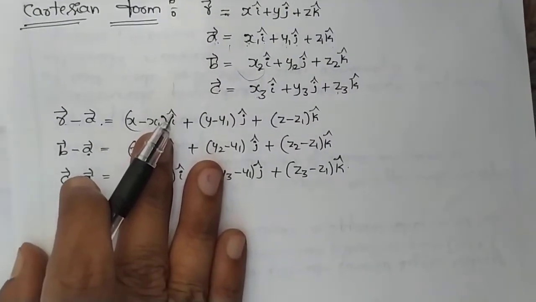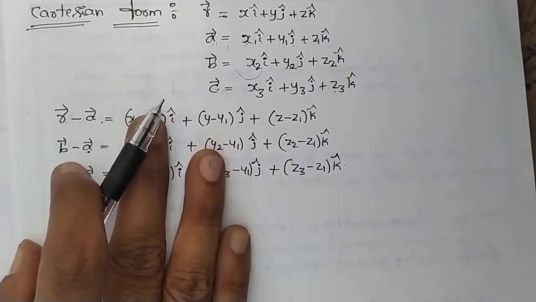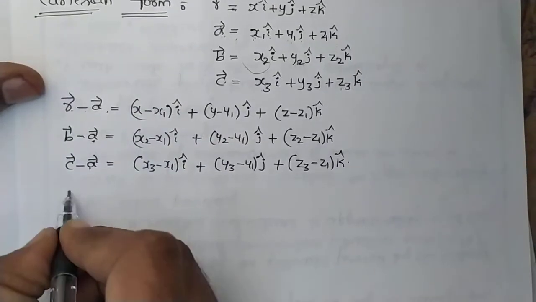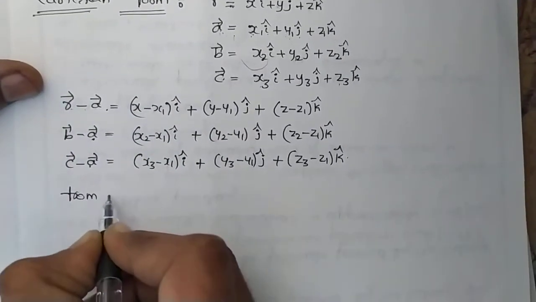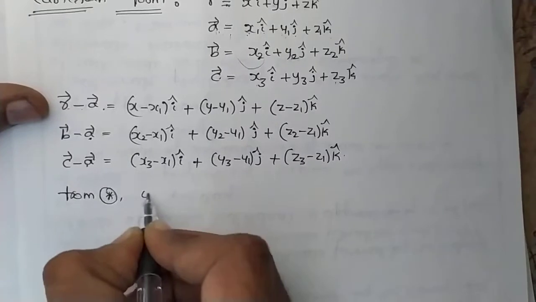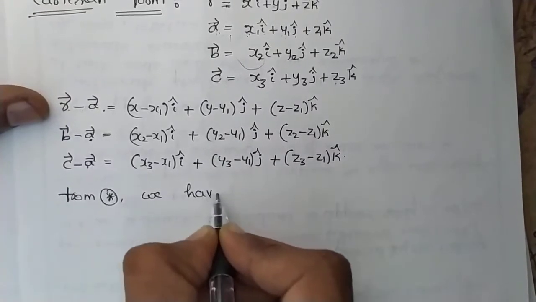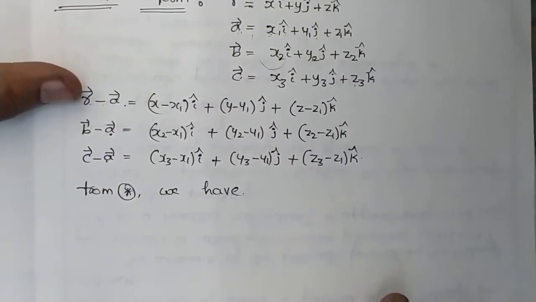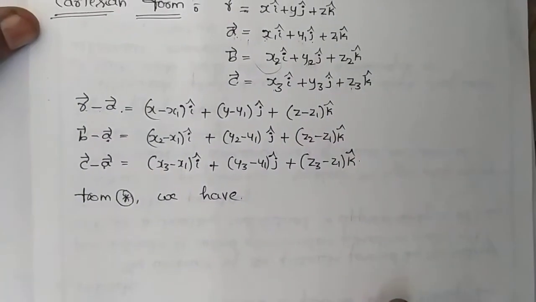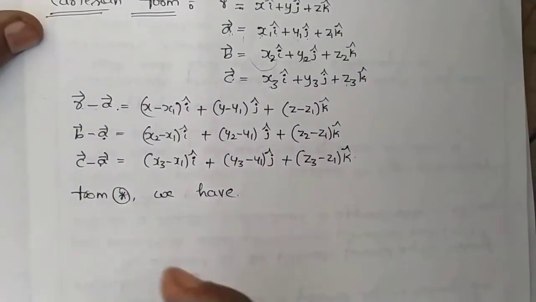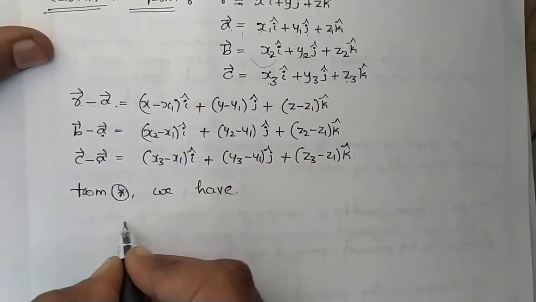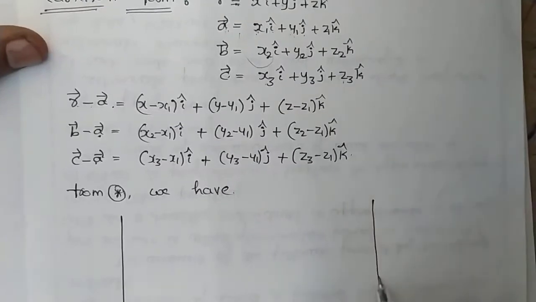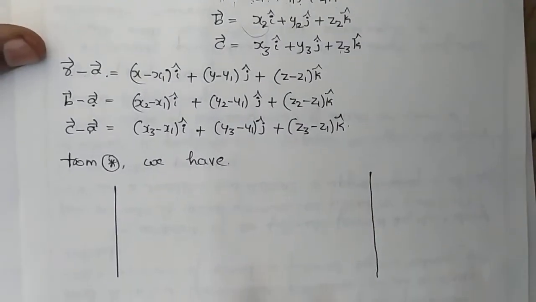From equation star, directly I am going to write R minus A, B minus A, C minus A. That value will be a determinant.